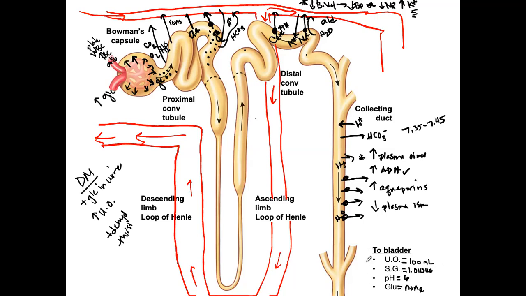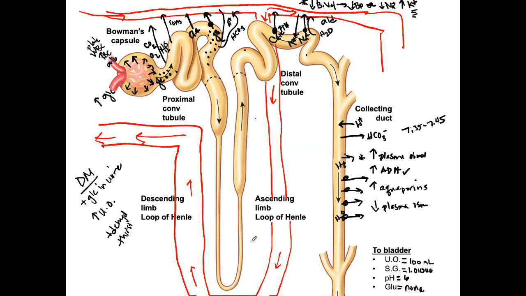Oh, let's talk about the loop of Henle. Okay, so the loop of Henle is really interesting. It's called a countercurrent mechanism. So what ends up happening, the short version, is that we are going to reabsorb sodium.